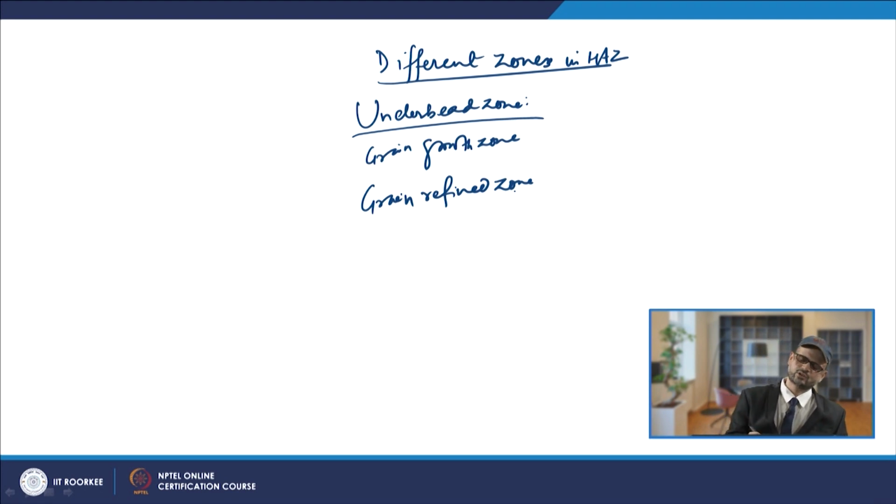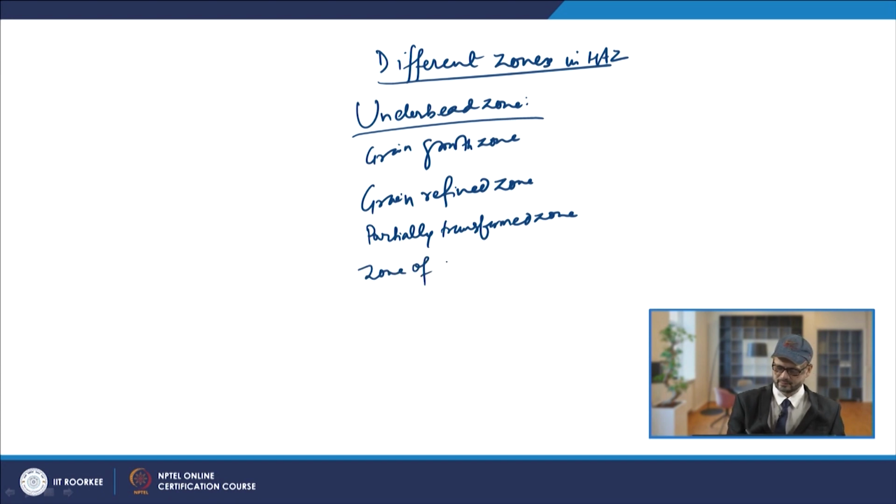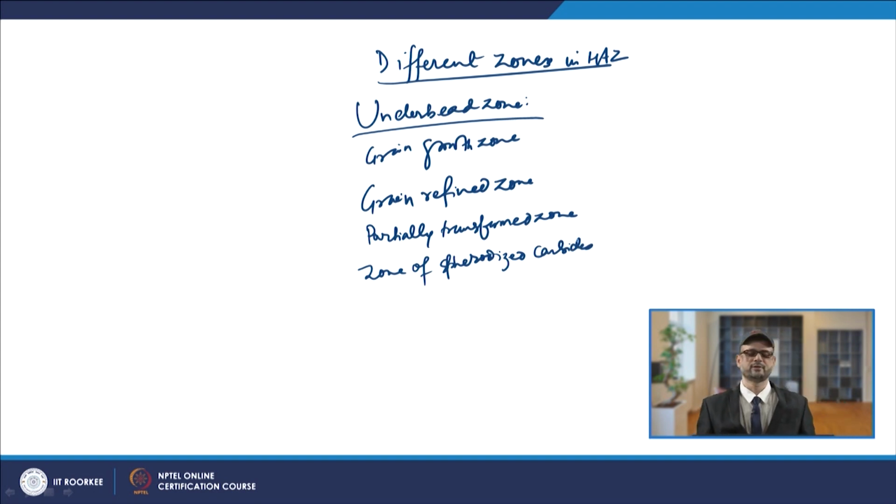Then after that you have other zones, like the partially transformed zone, and then the zone of spheroidized carbides. The partially transformed zone will be between the intercritical temperatures, between A1 and A3.